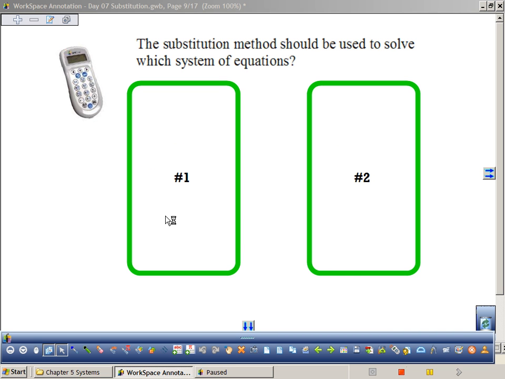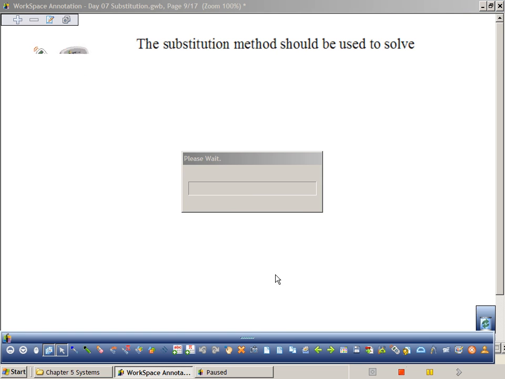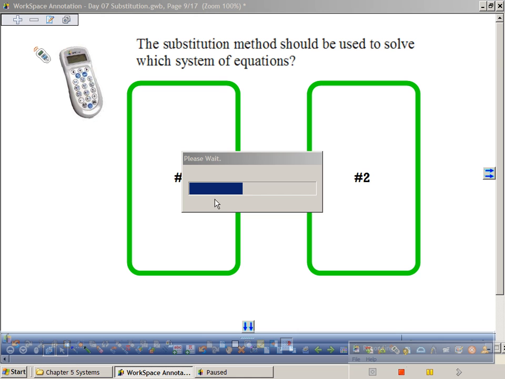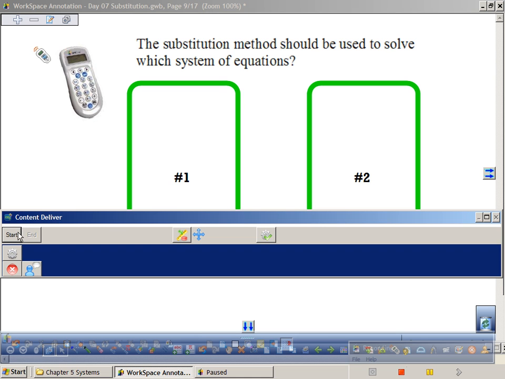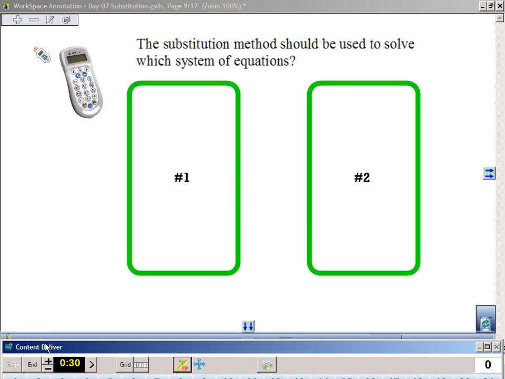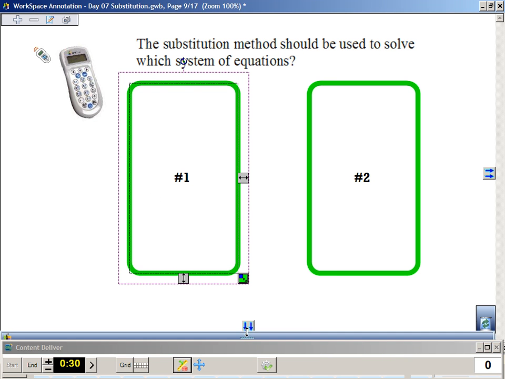Use the table. Don't put all your stuff away because I still have one more example. All right, are you ready? That's not enough enthusiasm. 5, 4, 3, 2, 1. I said, are you ready? There we go.